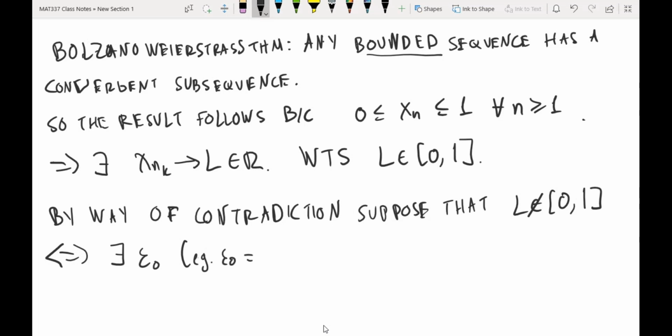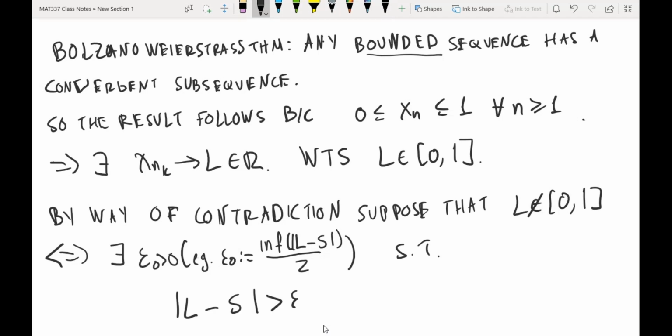One good choice is to take the inf of |L - s| over 2. There exists epsilon naught such that |L - s| is bigger than epsilon naught for all s in [0,1].